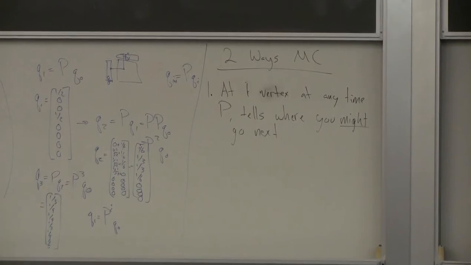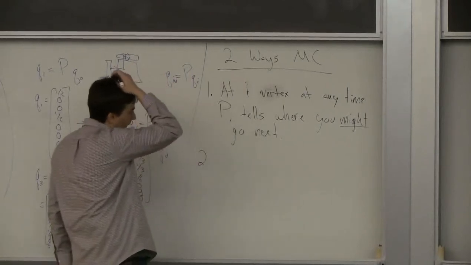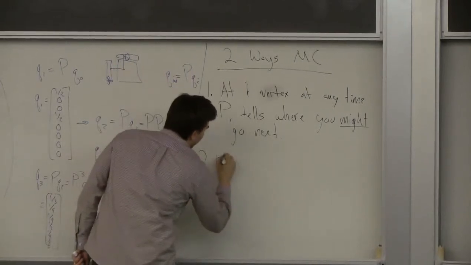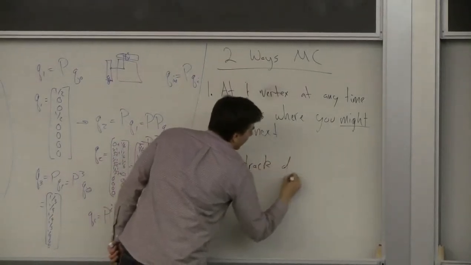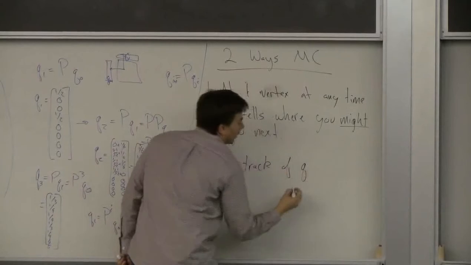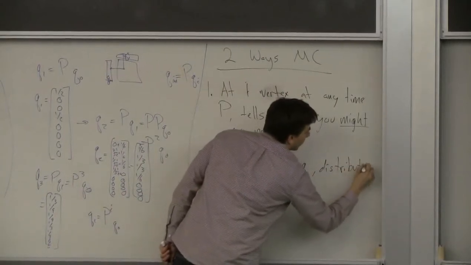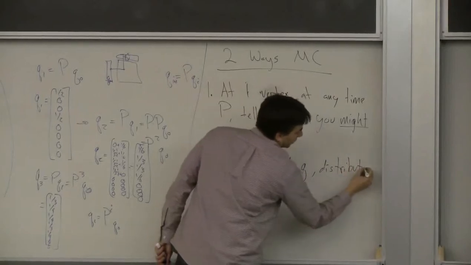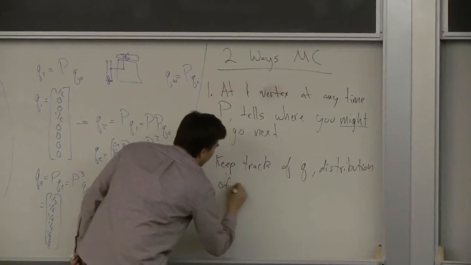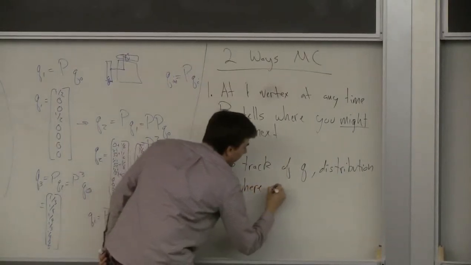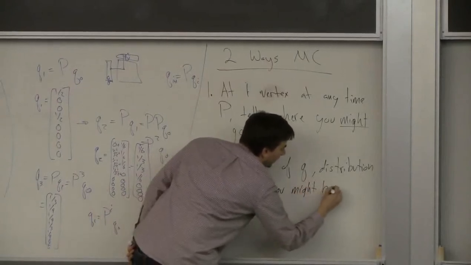This is in contrast to the second way of thinking about it, where you keep track of Q, which is a distribution of where you might be.